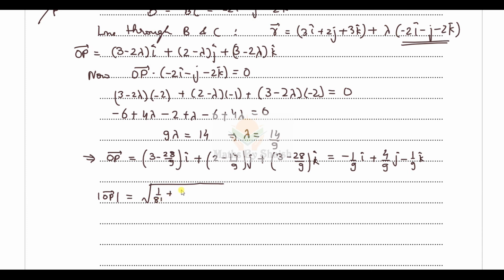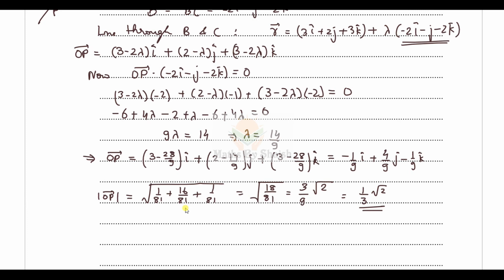So we got the square root of 18/81. 18 is 9 into 2, so the square root of 81 is 9, the square root of 9 is 3, and this is root 2. So the answer is 1/3 root 2. That is the length of the perpendicular from the origin to the line passing through B and C. I guess it is okay.